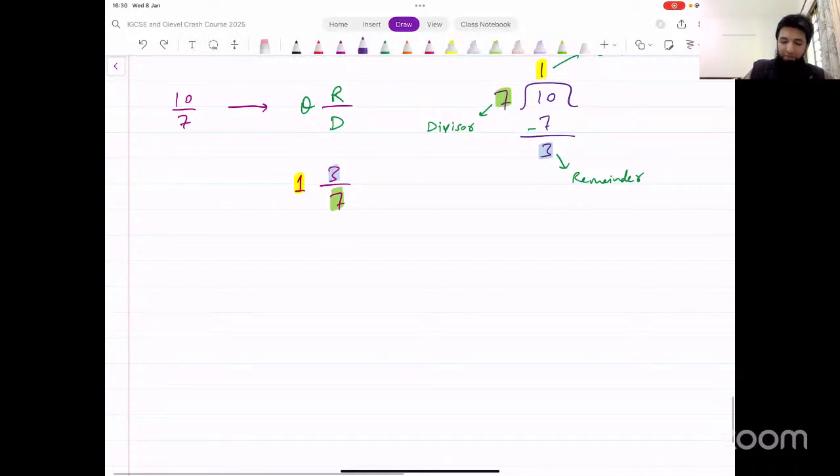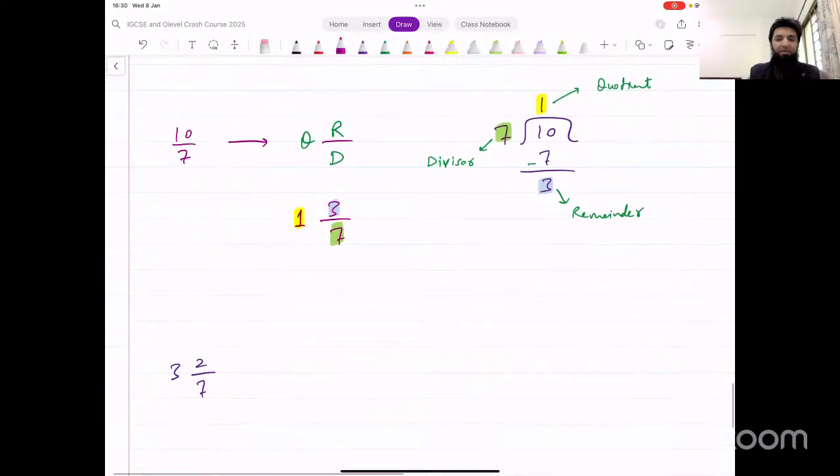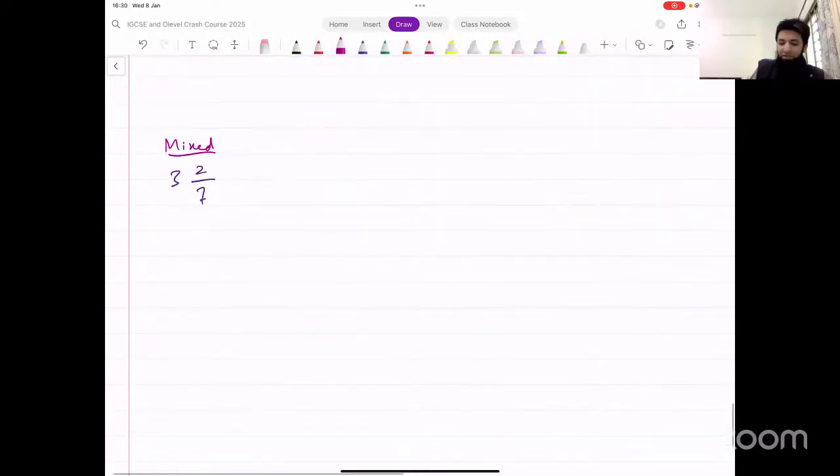So for instance, if you have something like this, 3 whole 2 over 7, this is a mixed fraction. Okay, this is called a mixed fraction. This is called an improper fraction, as we discussed before. Now we have a mixed fraction. How do we convert this mixed fraction to an improper fraction?